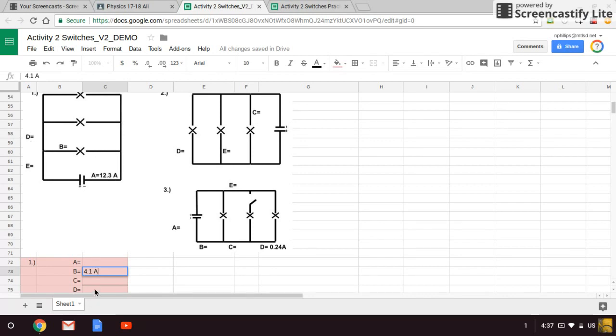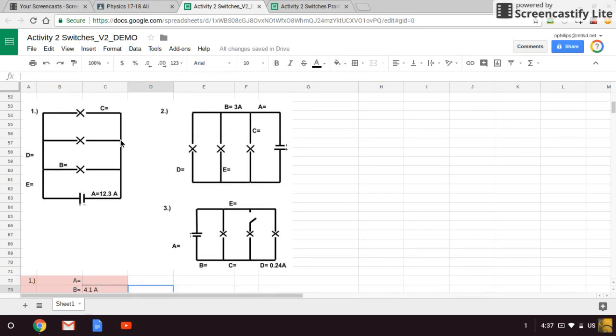We could put 8.2 down for D. And then another third splits off: 4.1 drops off to the second bulb, and the remaining 4.1 goes through C. So again, 12.3 comes around, and a third of that, 4.1, drops off, so 4.1, then 4.1 and 4.1.